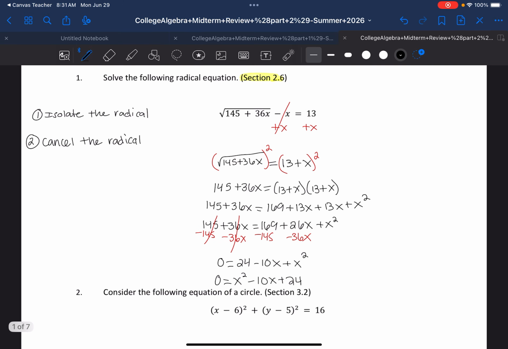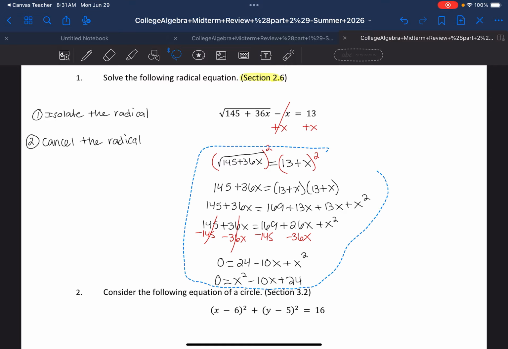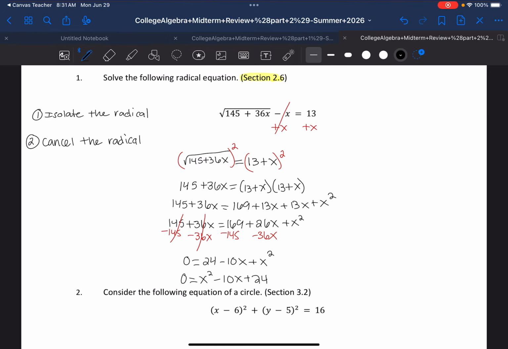And now, because this is a quadratic, to solve it, I need to try and factor it. So let me move this over. So I need two numbers that multiply to give me 24 and add to give me negative 10.